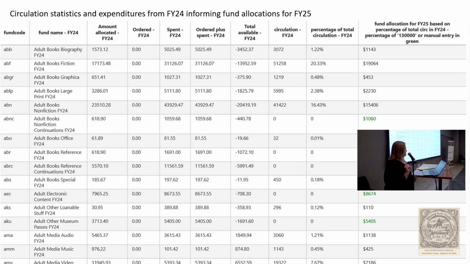And then what the SQL does is it takes that 130, it subtracts all of the things you typed in, then it goes and finds the total circulation, and it finds the percentage of the total circulation for each of these funds. And then it does the math, and then you're very tired and you have to take a week off.